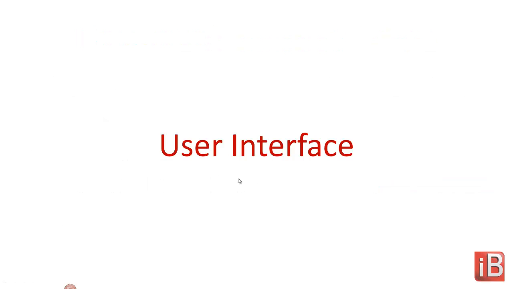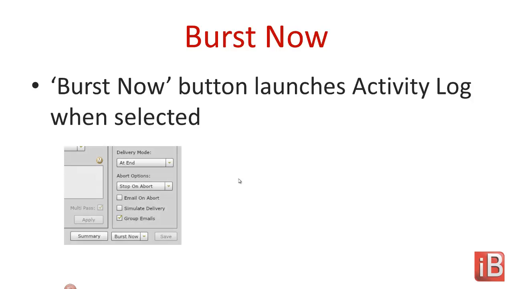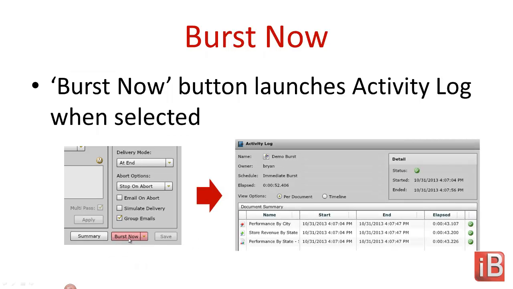Okay, these next changes involve the user interface. The first one is burst now. So whenever you run a burst manually, not on a schedule, you typically use the burst now button. And before 123, when you pressed burst now, the burst would kick off and the burst UI would close.